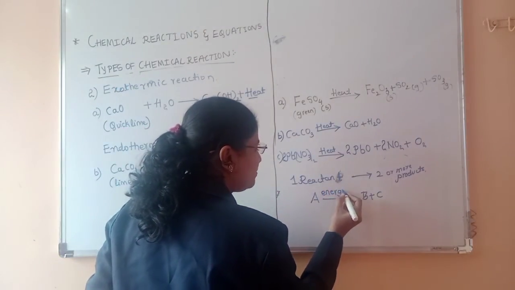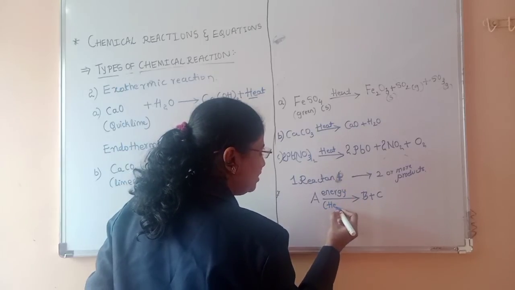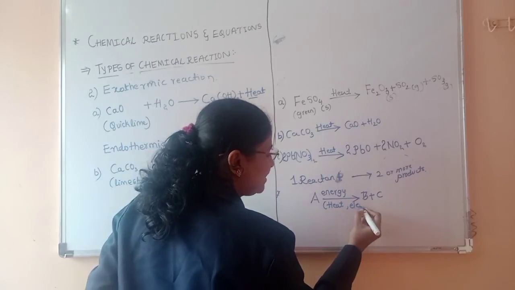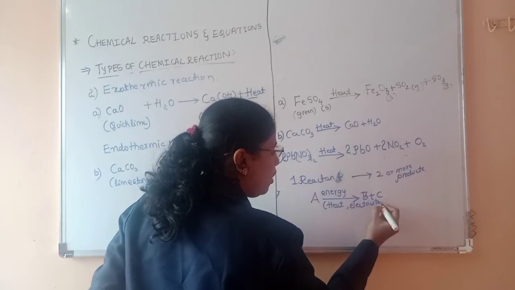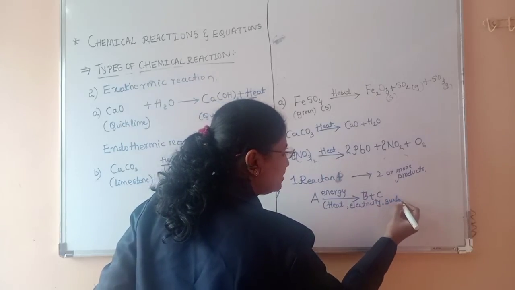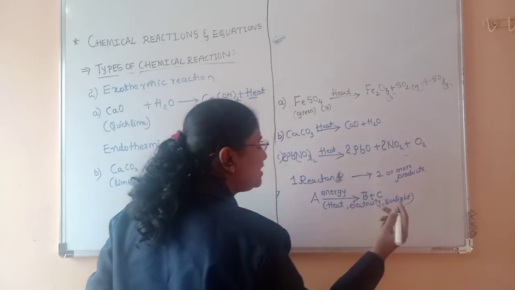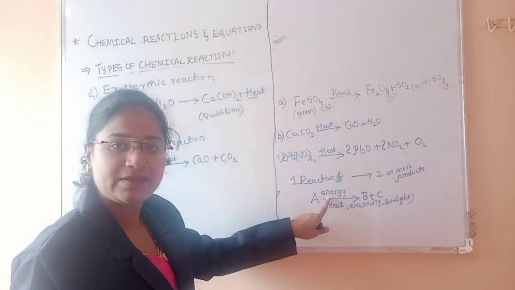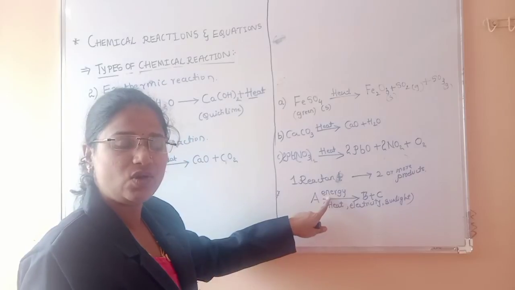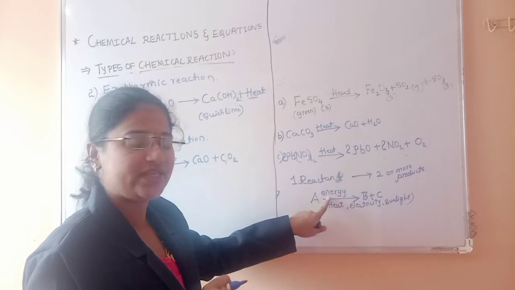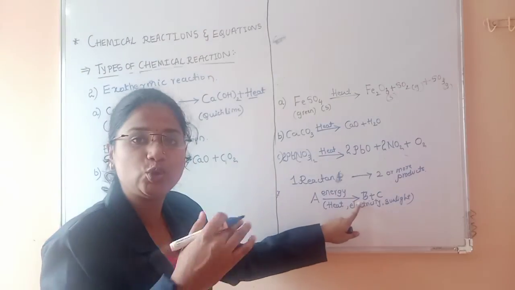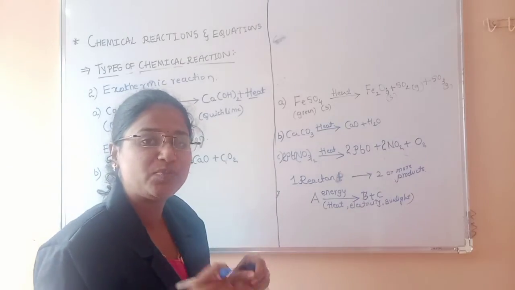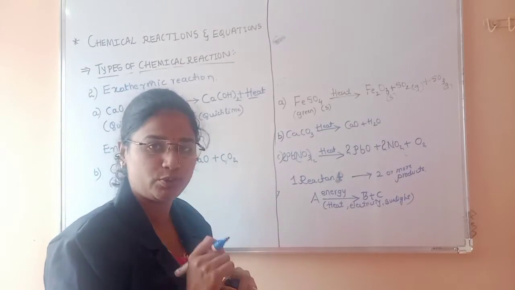The energy might be in the form of heat, electricity or sunlight. So one reactant, after absorbing a particular form of energy, breaks down into two or more products.